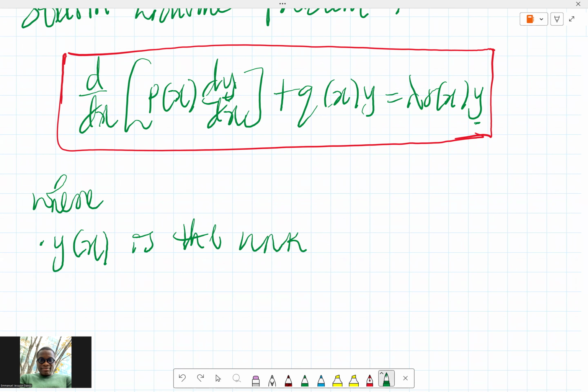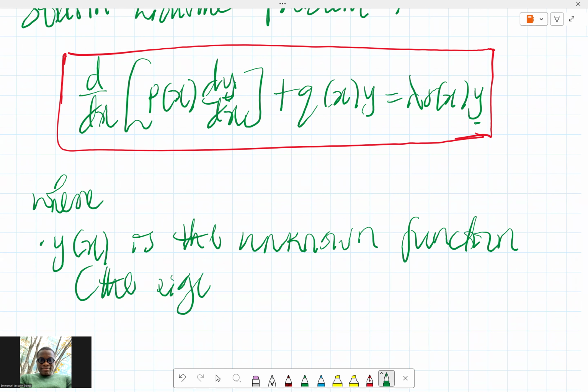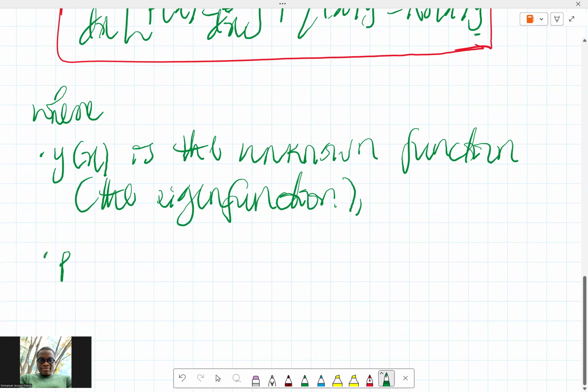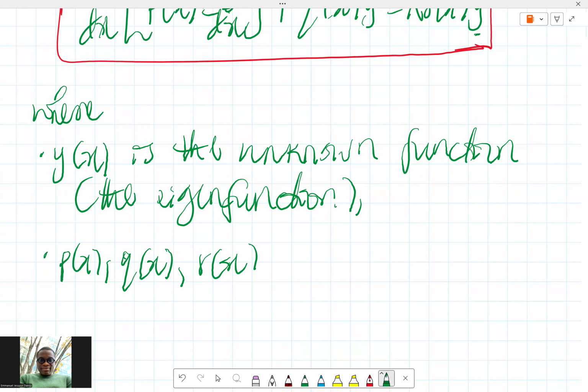So y of x is the unknown function, that is the eigenfunction. Then p of x, q of x, and r of x are given functions.